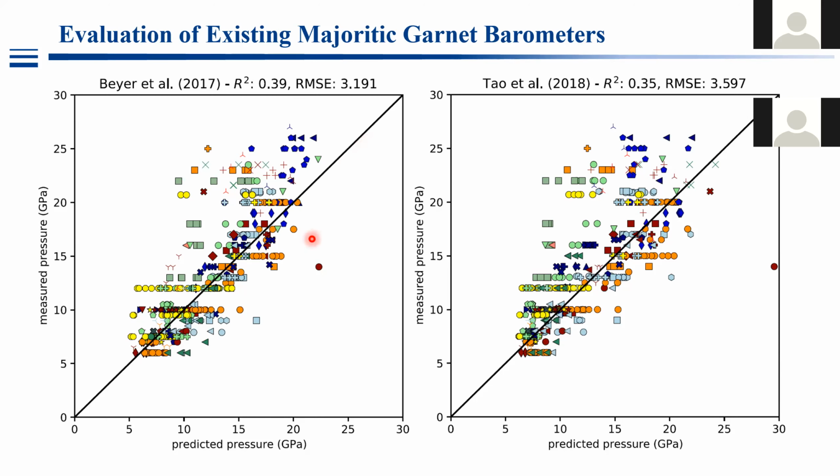We can see that Beyer's model produces the strongest statistical correlation between the experimental run conditions and the predicted pressure, with higher R square and lower RMSE in those four figures.